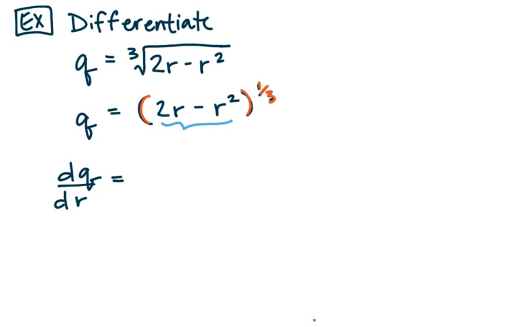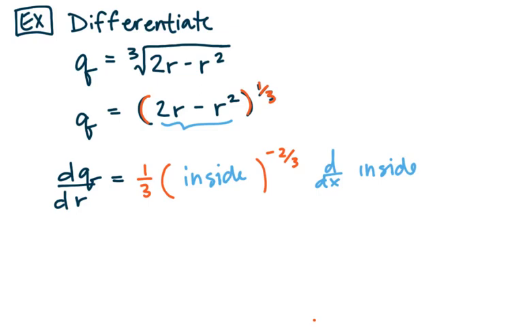The derivative of my outside is 1/3 of that inside. That would be to the 1/3 minus 1. And 1/3 minus 1 gives us negative 2/3 as my power. Okay, so I have my inside. And then I have to say, well, times the derivative of my inside.